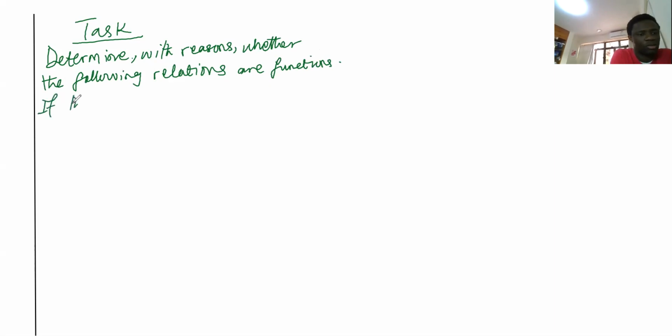If they are functions, state the domain and range.